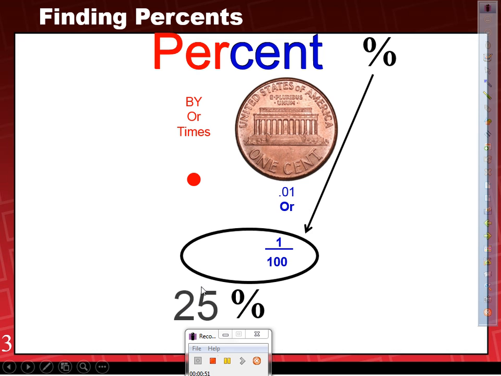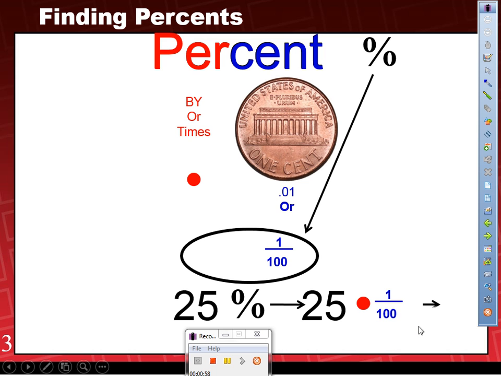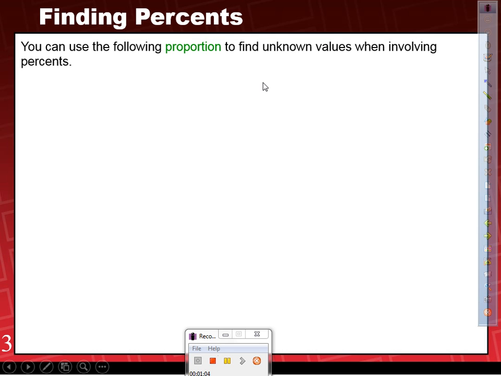So when I write 25%, it means 25 times 1 over 100, written as 25 over 100, and we simplify. Remember that?